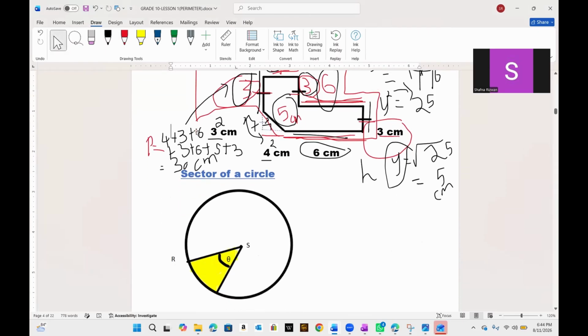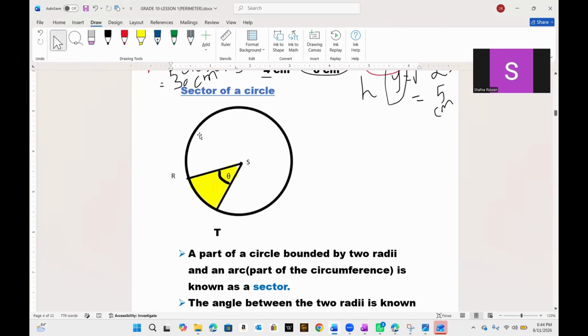Now see here, we are going to study something known as a sector of a circle.